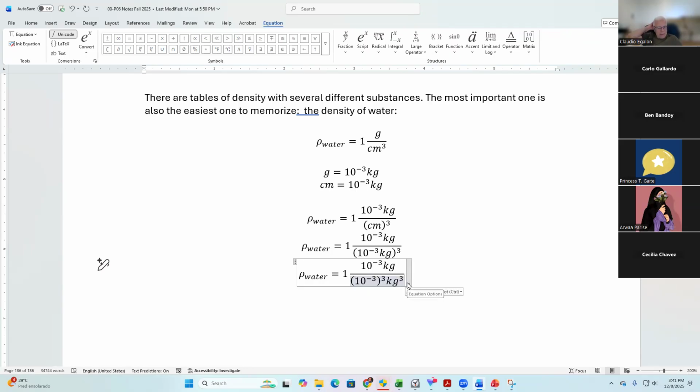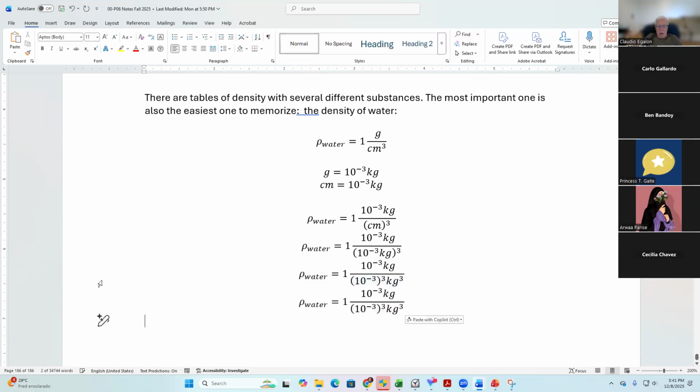See, the 10 to minus 3 must be raised to the cube as well. Otherwise, you won't get the right solution. 10 to minus 3 raised to the cube is 10 to minus 9.